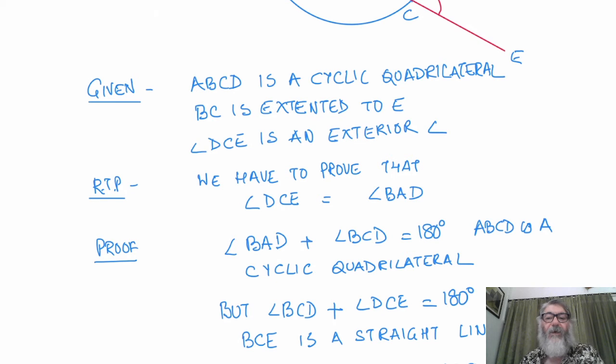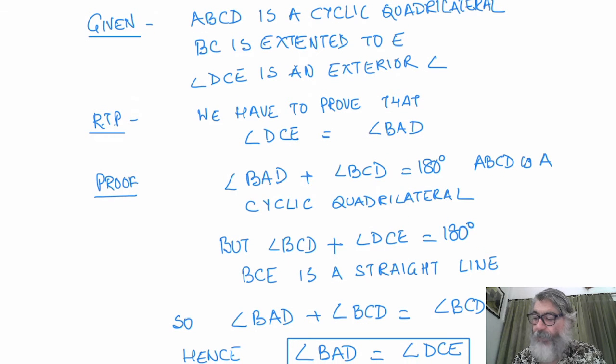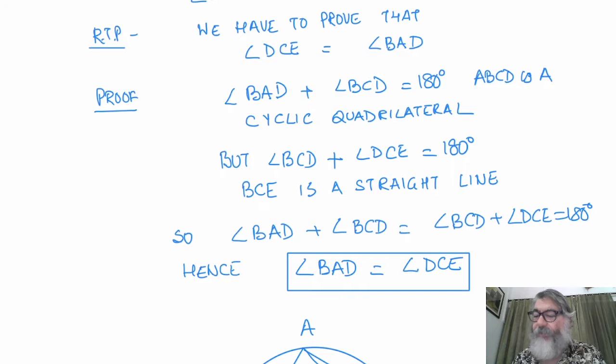We realized that BCD is common on both sides. BCD is part of the left hand side also, and BCD is part of the right hand side also. So we cancelled BCD, and what were we left with? BAD is equal to DCE.